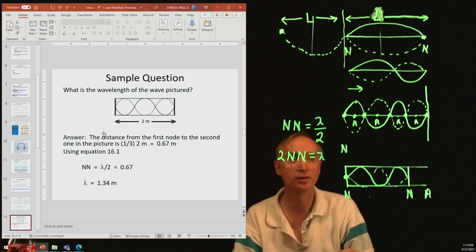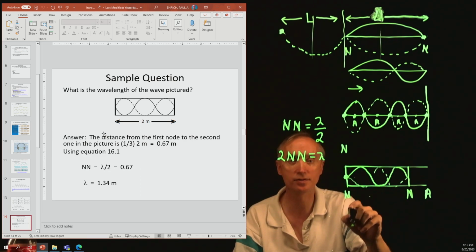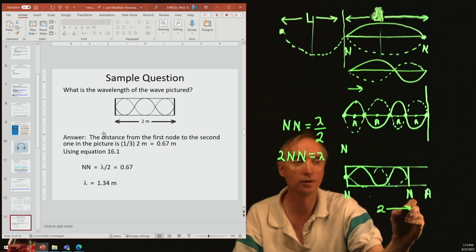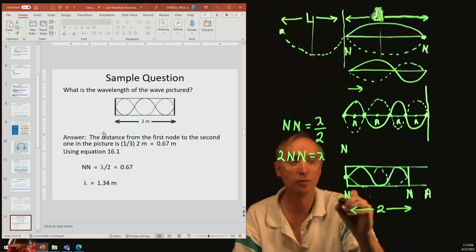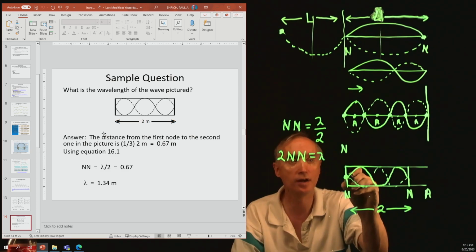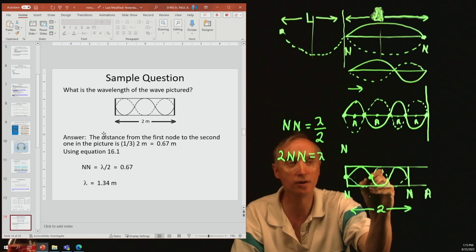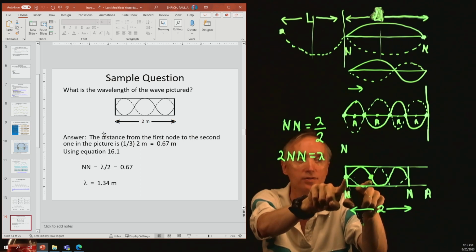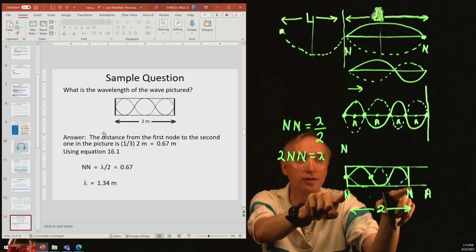like this. So if the total distance is going to be 2 meters from here over to here, we need to know the distance from a node to a node. So we got a node, and then a node is here. Well, this is 1/3 the distance from here over to here.